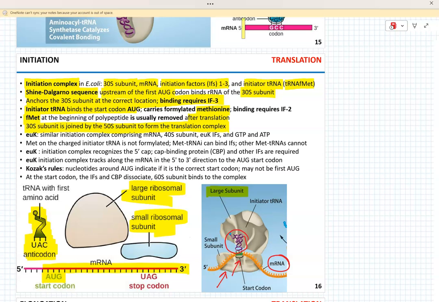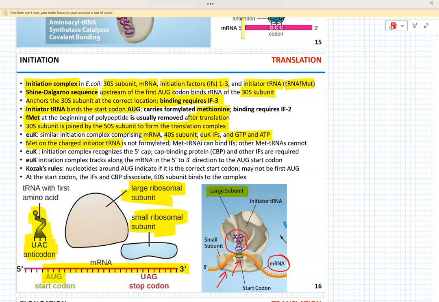The initiation complex is comprised of mRNA, the 40S subunit, a variety of eukaryotic initiation factors, and molecules of GTP and/or ATP. Unlike in prokaryotes, methionine on the initiator tRNA is not formylated. So what is the difference between the initiator tRNA and other methionine tRNAs?